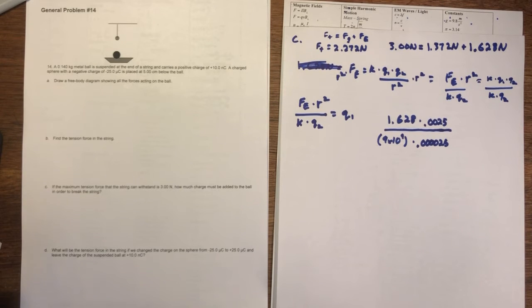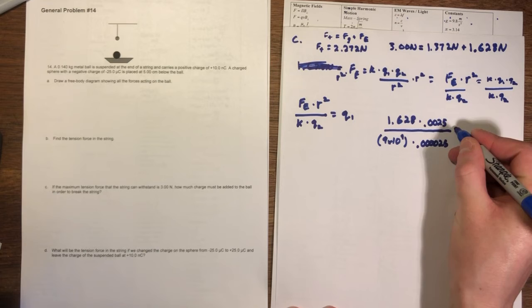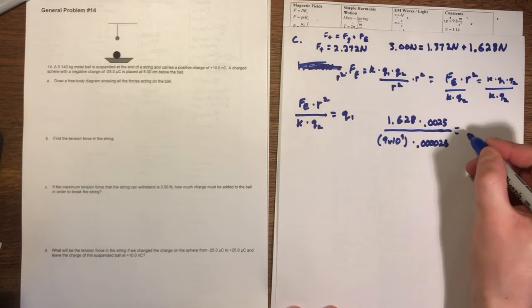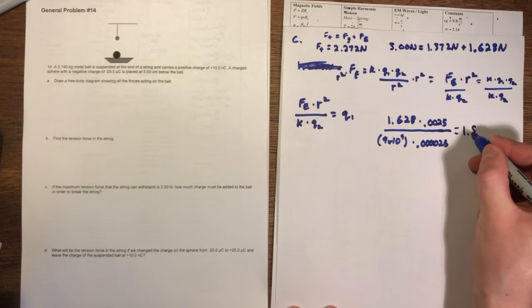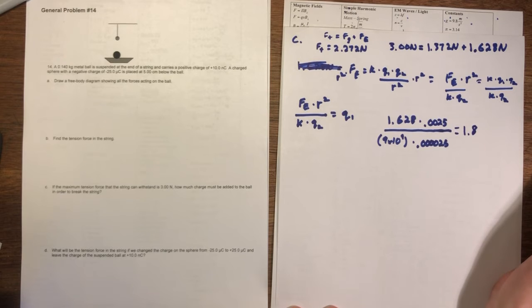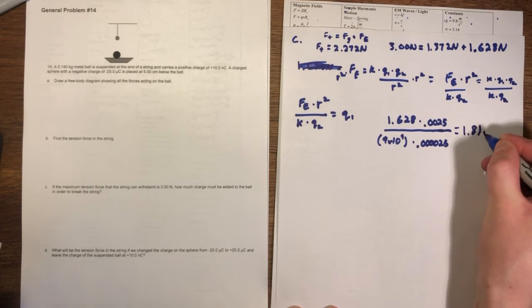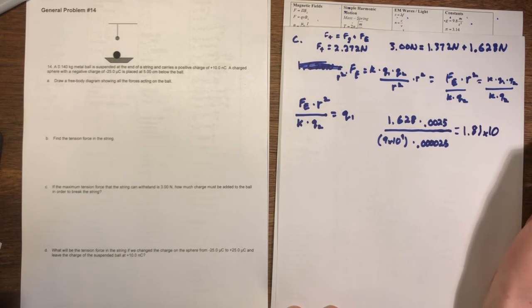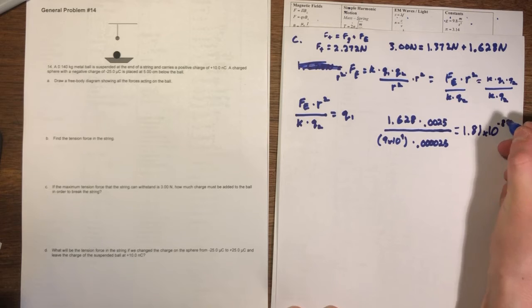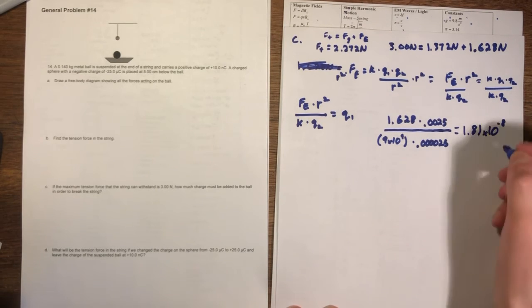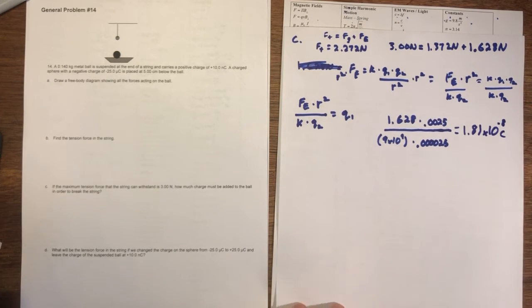All right, I'm going to do a little rounding here. I got 1.80888, and I'm just going to round to 1.81 times 10 to the negative 8th, and that would be coulombs.